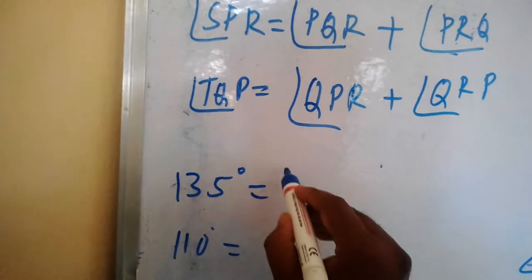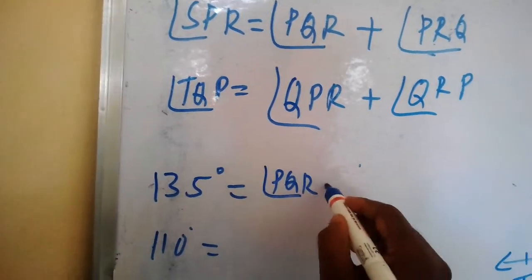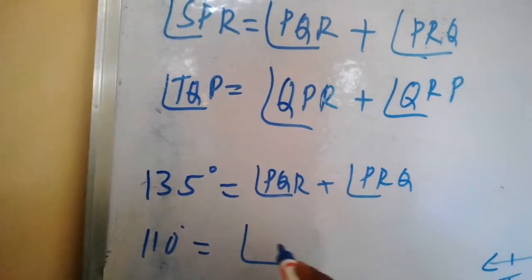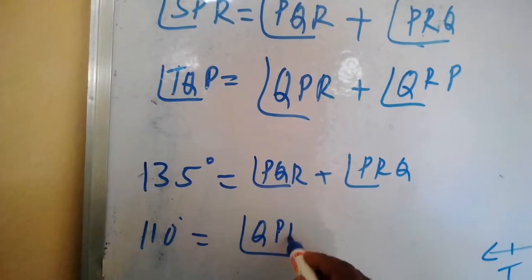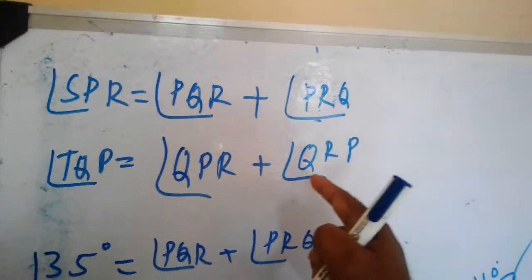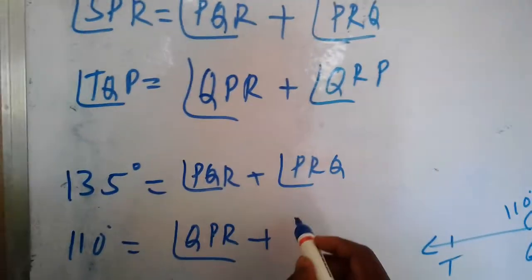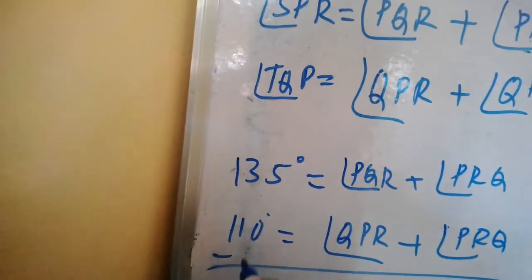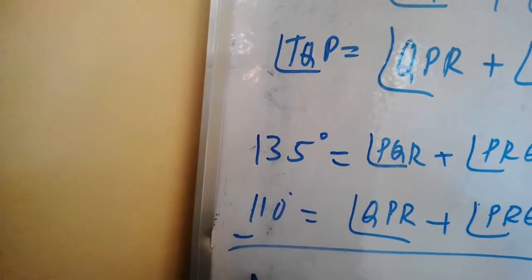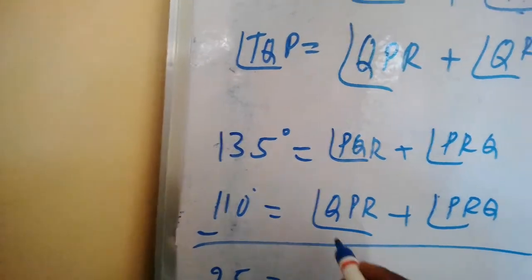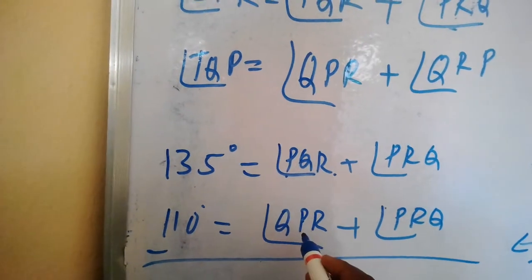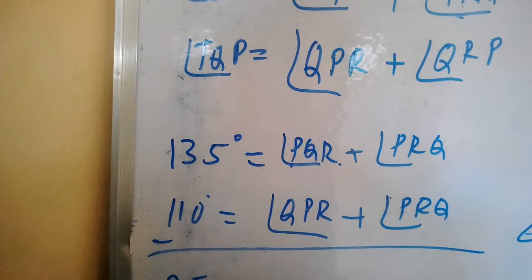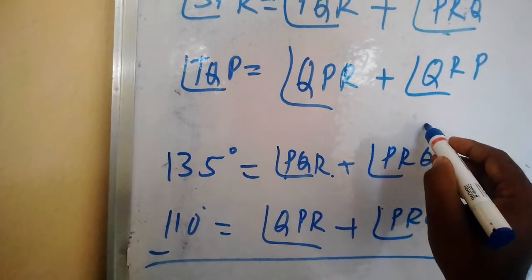One second, I will write PQR plus PRQ, 110. Minus 135, 110 means 25, this PQR, this one gets cancelled.